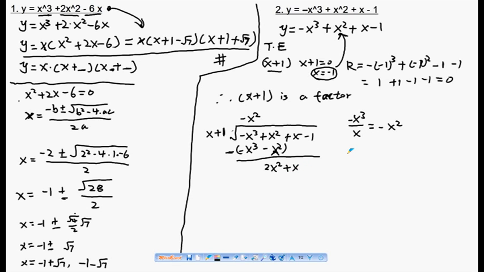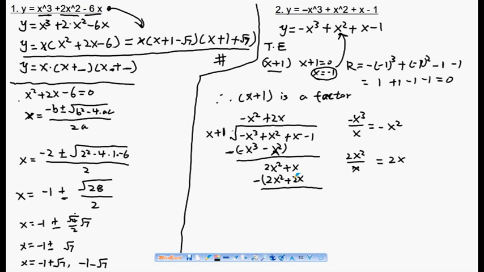Now we do 2x squared divided by x, which is 2x, so positive 2x times the factor is 2x squared plus 2x.